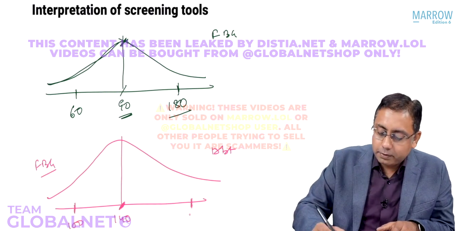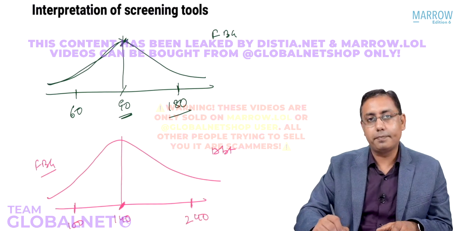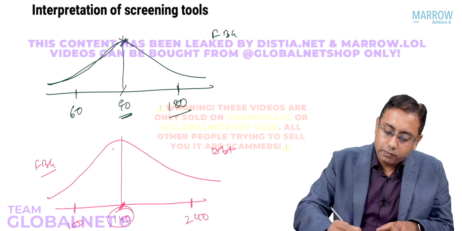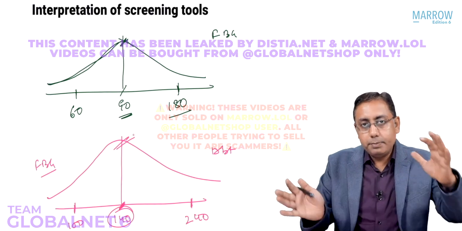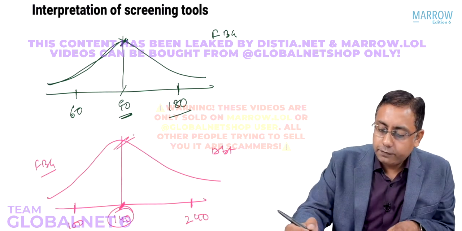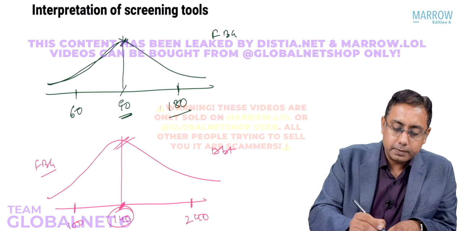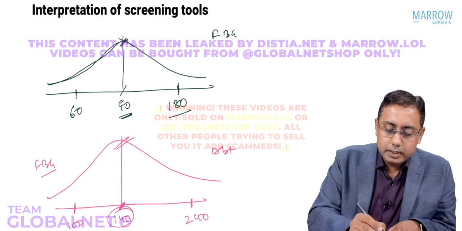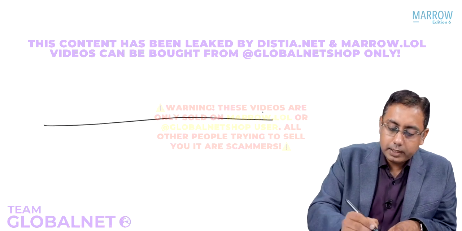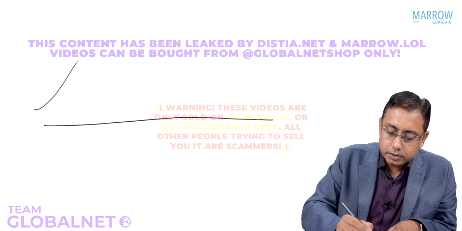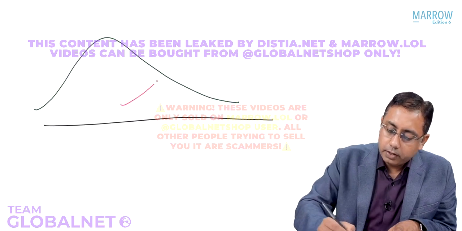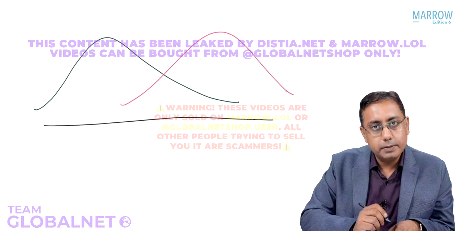Very few can also have a fasting blood sugar of 240. But the majority will be around 140. Am I correct? Now let me just mix these two curves. Don't you think it will form something like this? These were my healthy population and these were my diseased, or the diabetic, population.